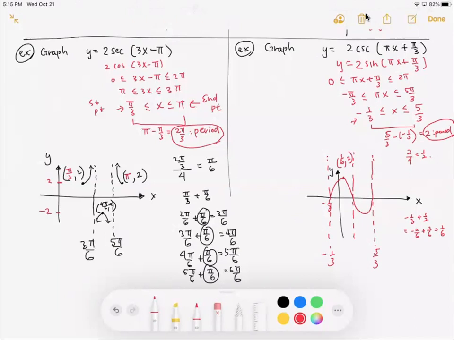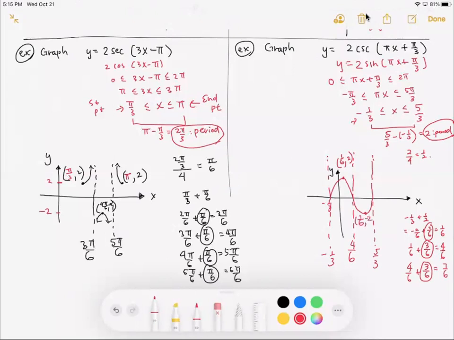And then to 1/6, I can add another 3/6. That will give you 4/6. So we have another vertical asymptote at 4/6. And then add another 3/6 to our vertical asymptote, which is 7/6.